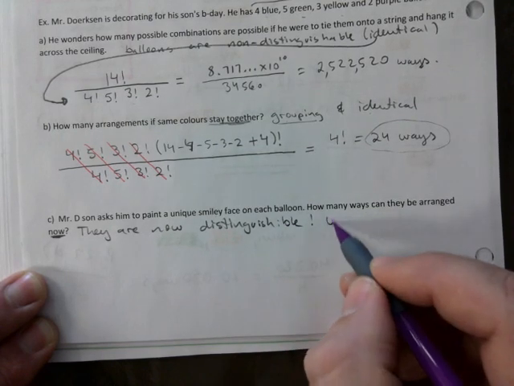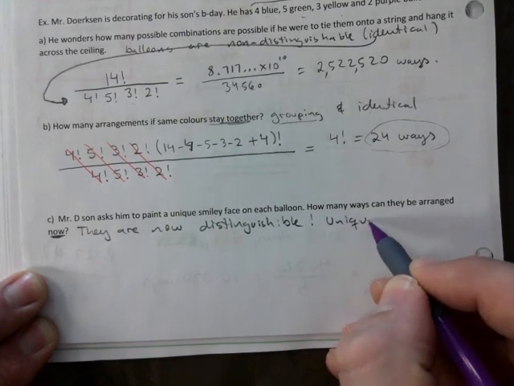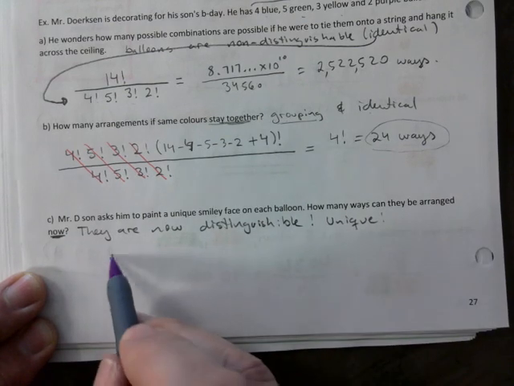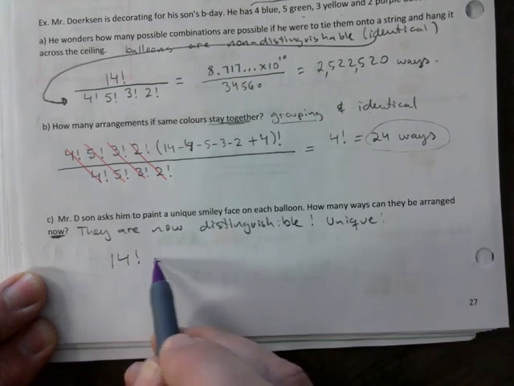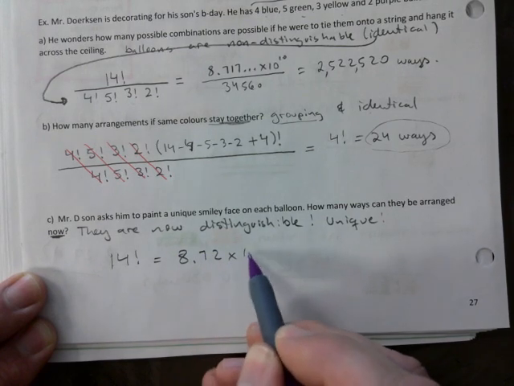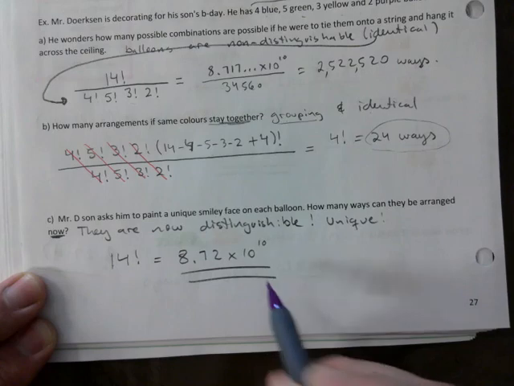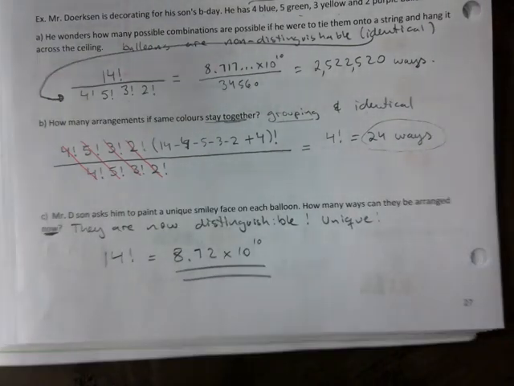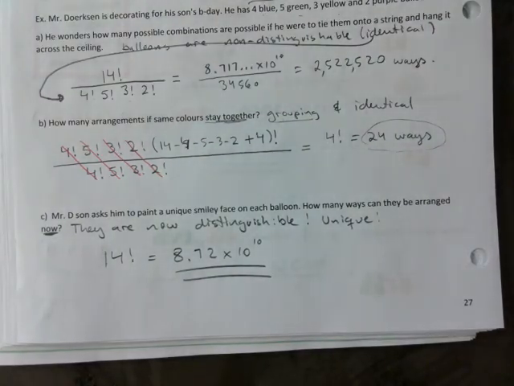They are now unique. So really it's just 14 factorial, which is that big number we had up there. If every single one were unique, that's how you would do it.